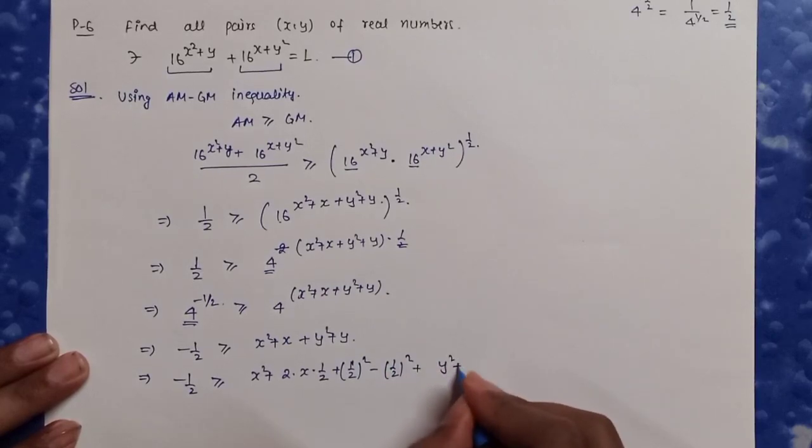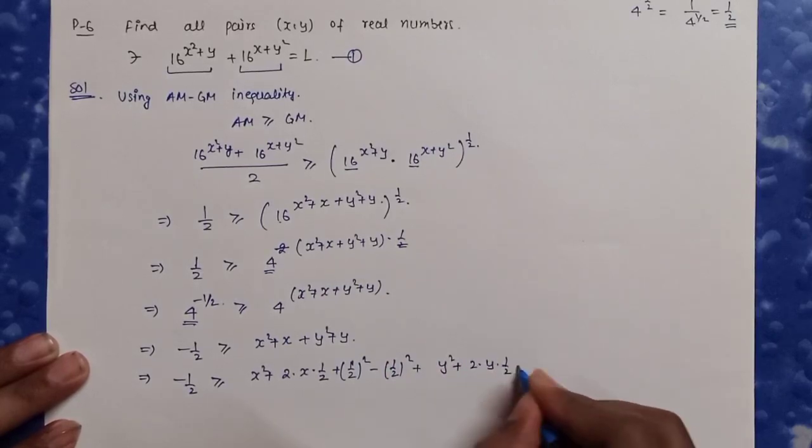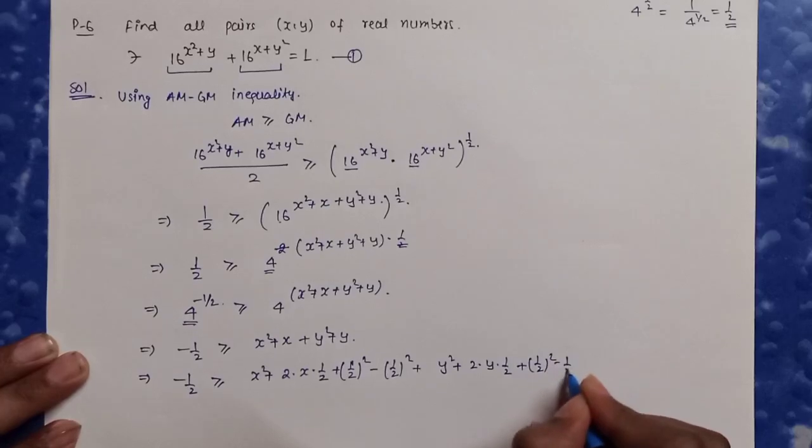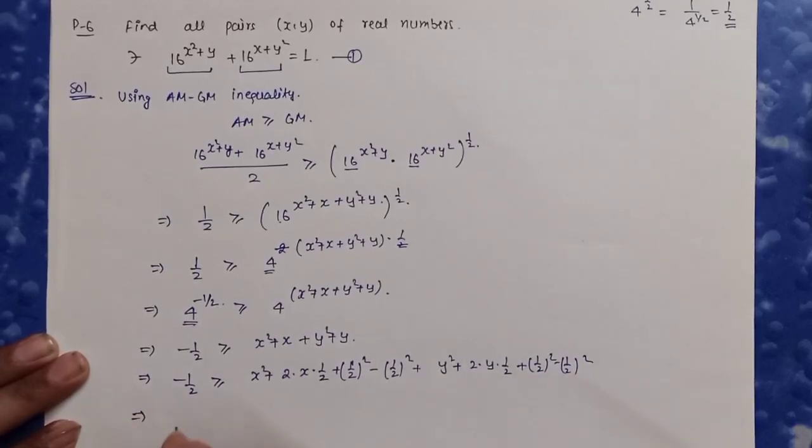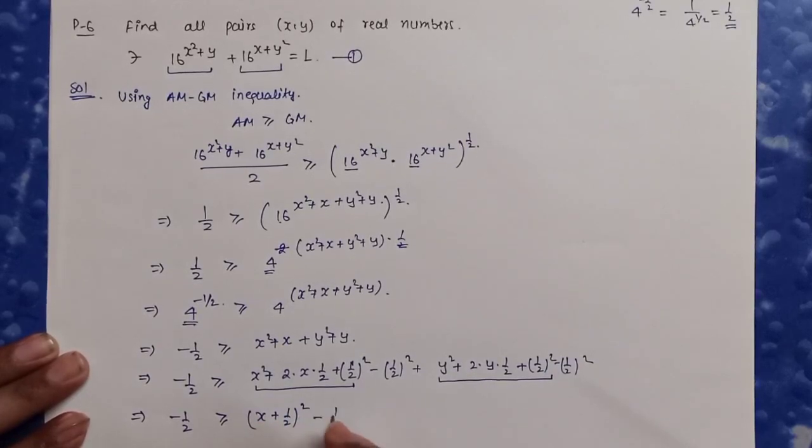Similarly for the y part. Now you can see that this part turns out to be a complete square, and this part also. So this is x plus half square minus 1 by 4, and here it is y plus half square minus 1 by 4.